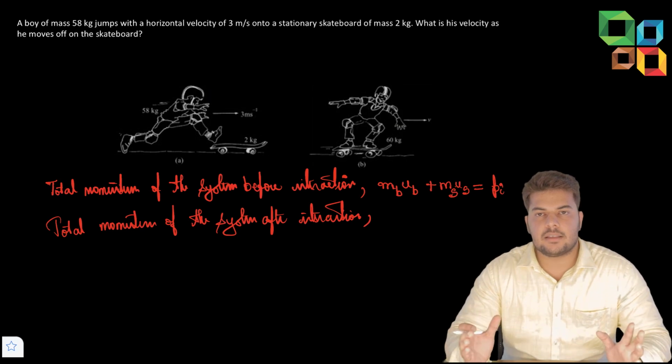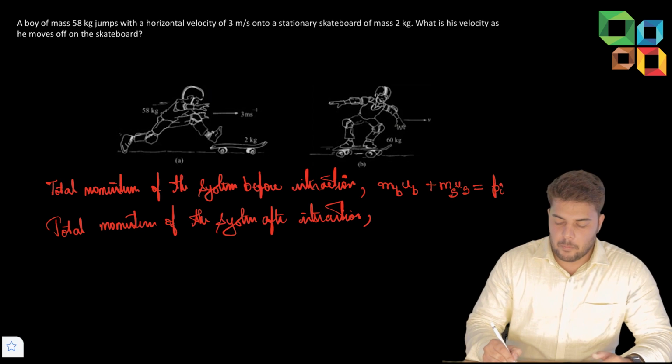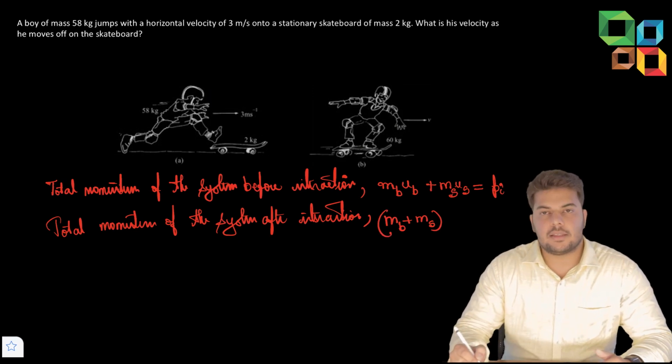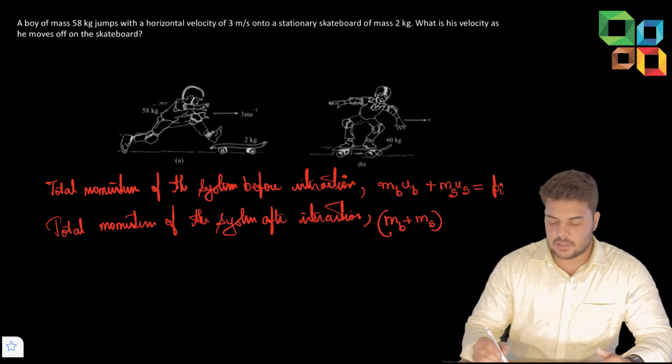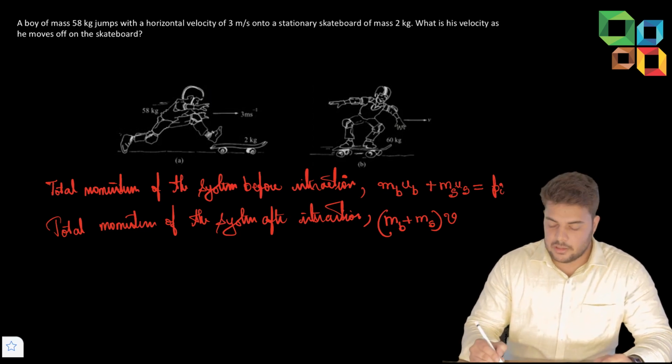The system is one, the skateboard and the boy. So the mass of the system now is the mass of the boy plus the mass of the skateboard, times the velocity that we are asked to find. And this happens to be the final momentum.